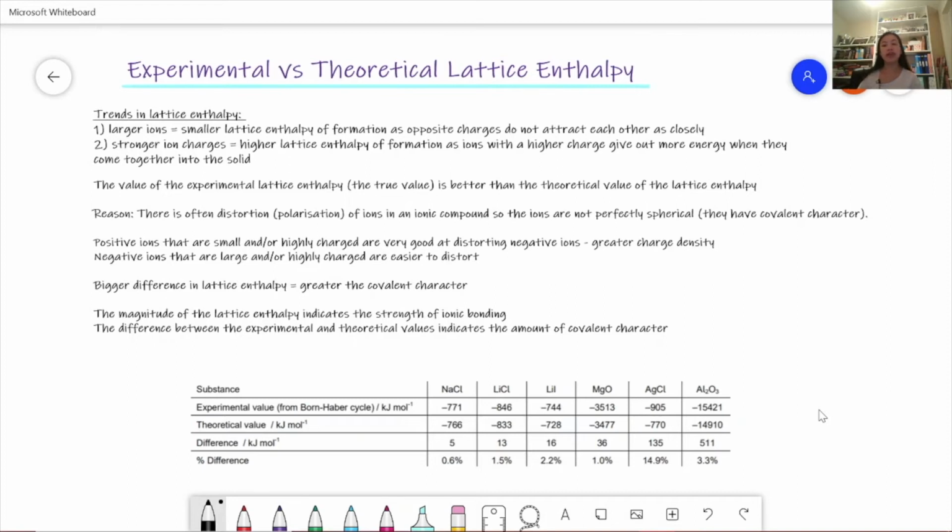So the value of the experimental lattice enthalpy, and we call this the true value because this is the value that we've calculated using experiment, is better than the theoretical value of the lattice enthalpy.